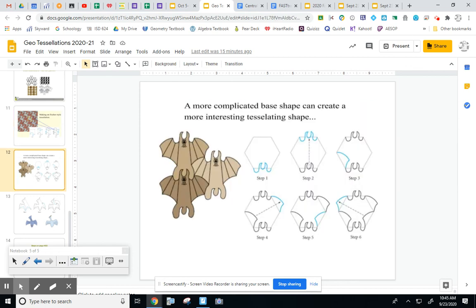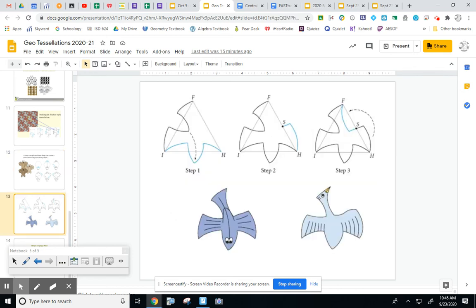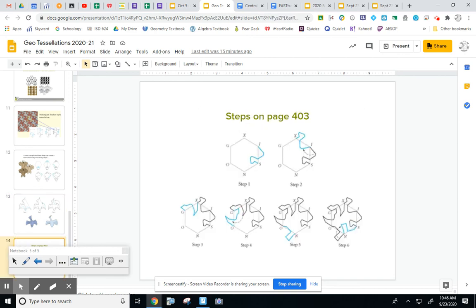Here we have kind of a bat type shape using translation with a hexagon. Here we have a bird or a fish, depending on how you look at it, using rotation with a triangle. And then there is kind of a lizard type thing on page 403 if that's something you're interested in.